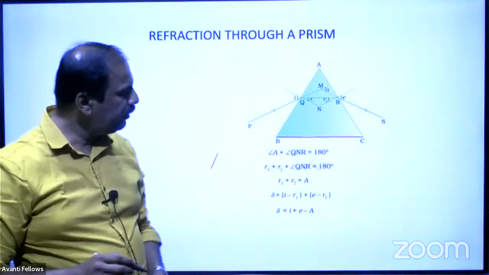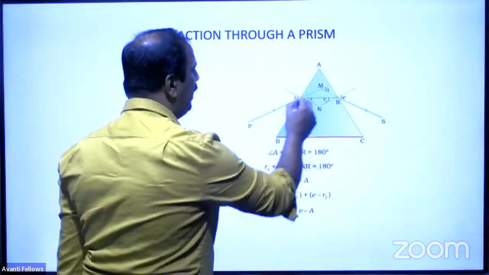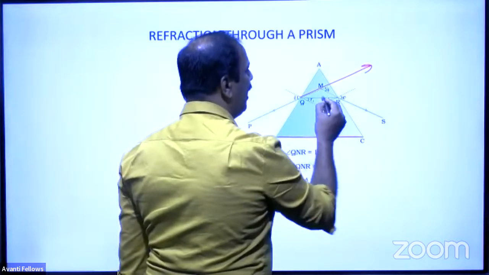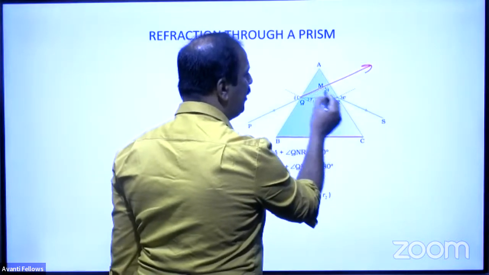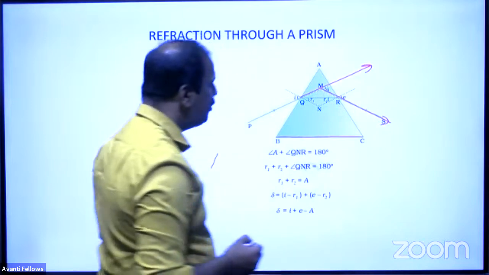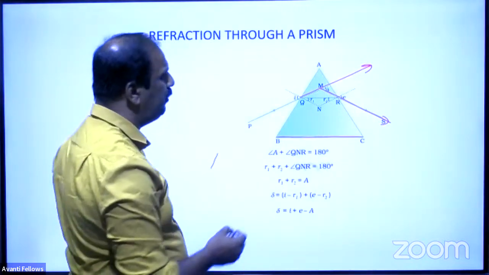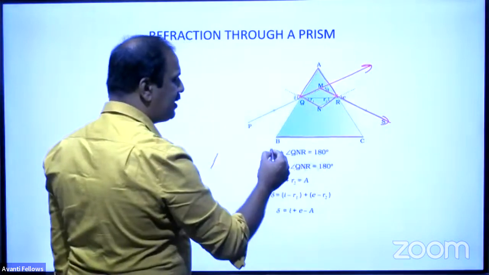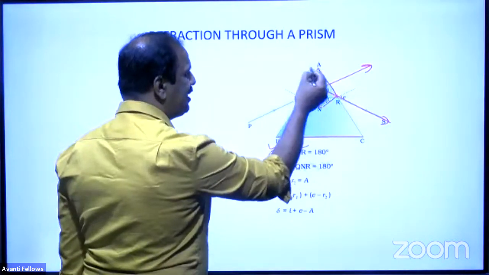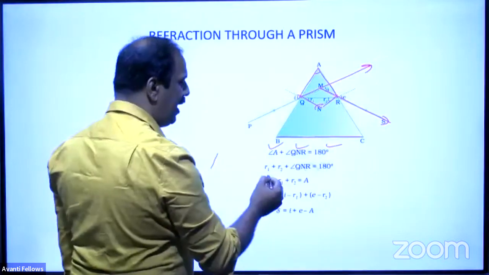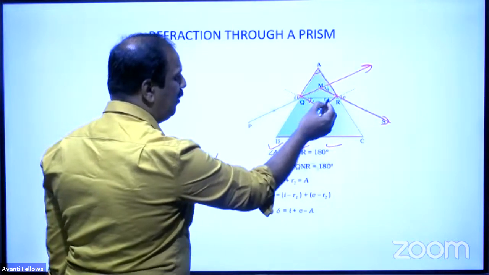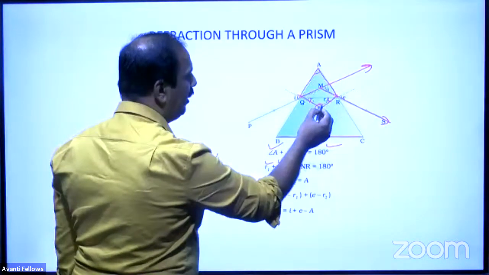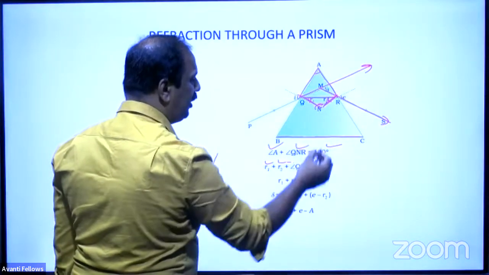Now, when the light is falling like this, it is supposed to go straight, but it bends here and again bends there. For this derivation, you have to take this quadrilateral. In this quadrilateral, angle A plus angle QNR, that is this angle plus this angle, will be 180. Also, R1 plus R2 plus QNR, in this triangle, the total will be 180.